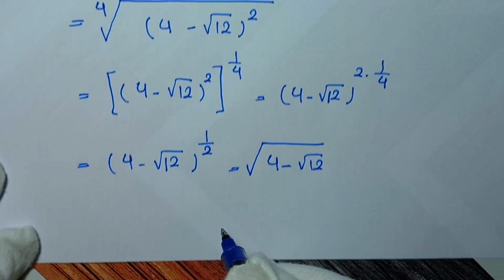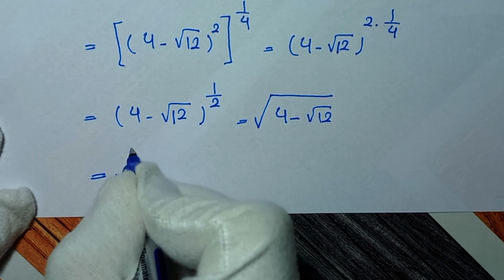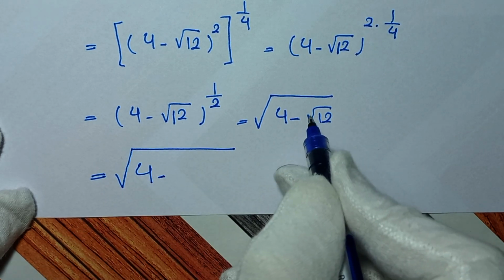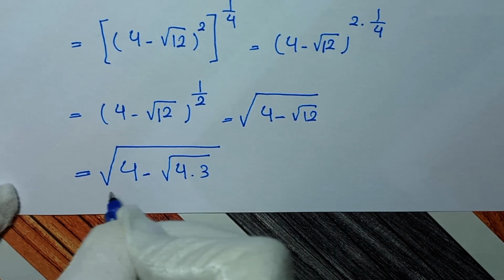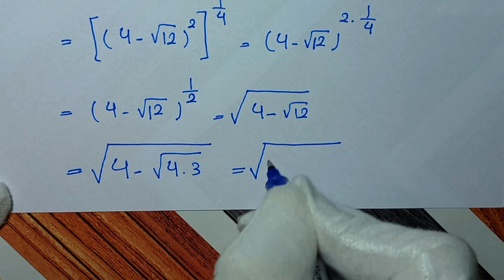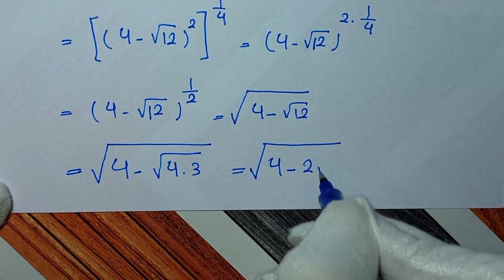So in the next step, this is equal to square root of 4 minus, we can write square root of 12 as square root of 4 times 3, right? So this is equal to square root of 4 minus square root of 4 is 2, so it will be 2 square root of 3.